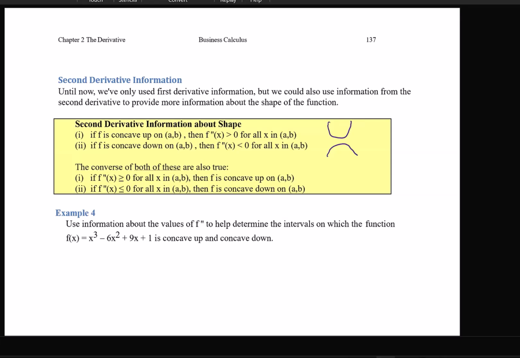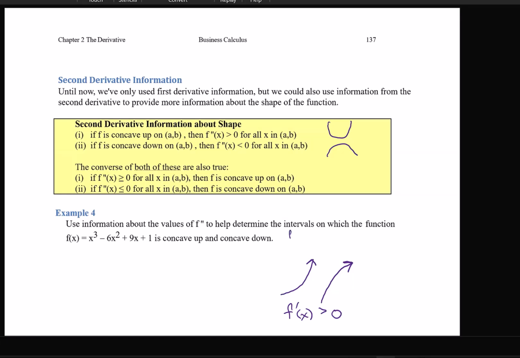That doesn't really show you everything, because it could be positive and concave up, or it could be positive and concave down. Both of these have a slope greater than 0 because they're both increasing.